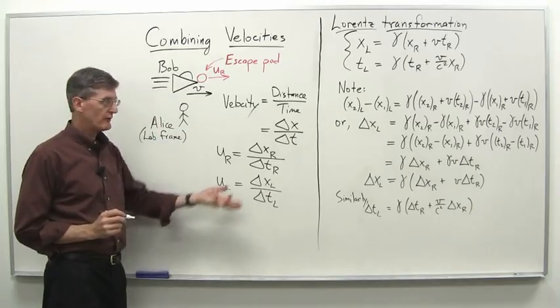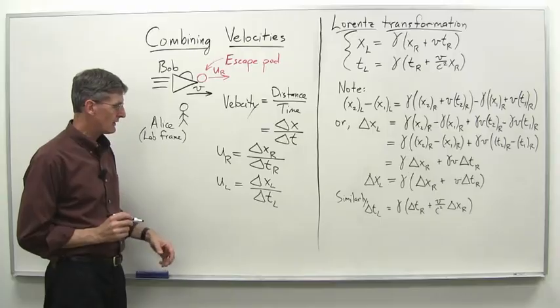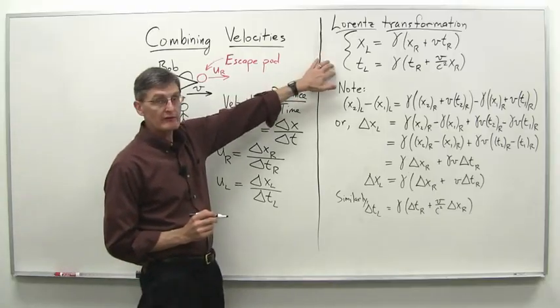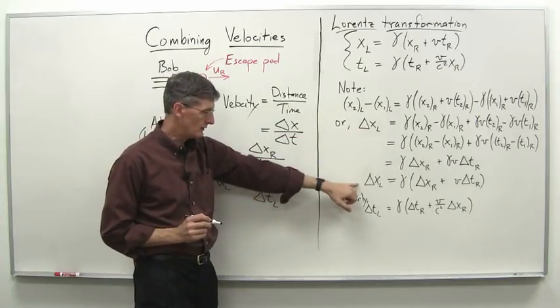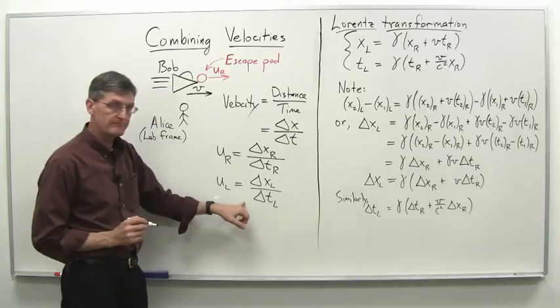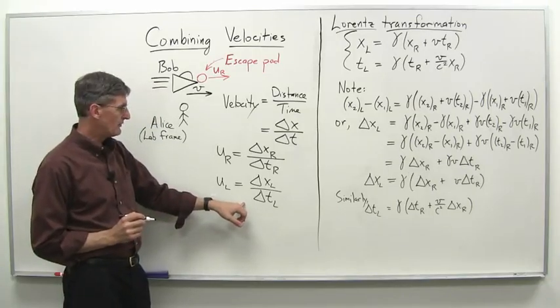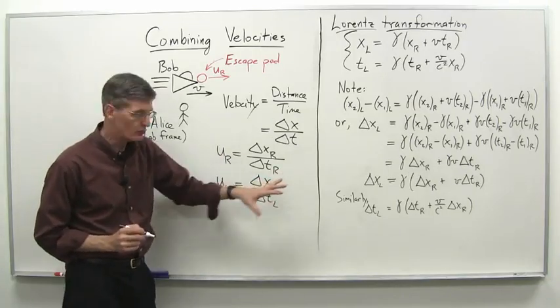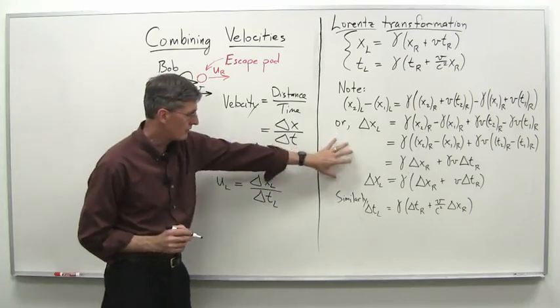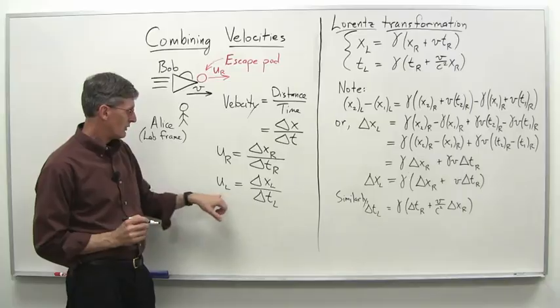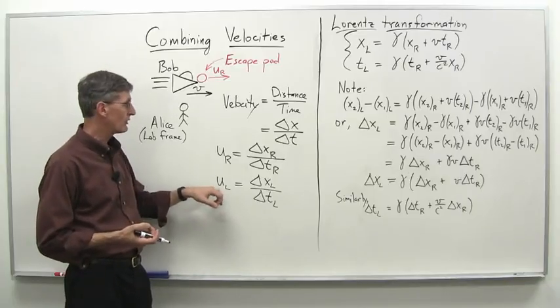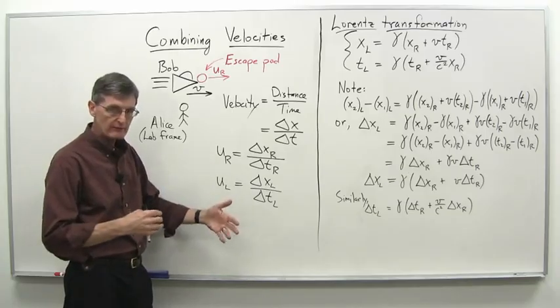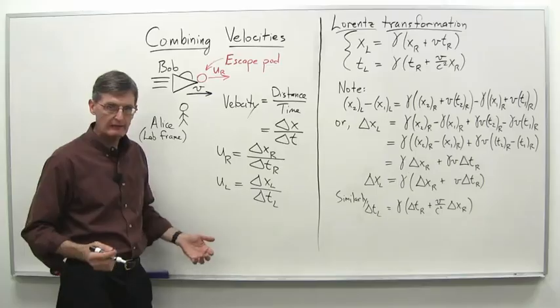And now hopefully you can see why we did this little example, because the Lorentz transformation gives us a delta x sub L here and a delta t sub L. So now we have to raise the board a little bit to give us some room, but take these equations and put them into Alice's equation for the velocity of the escape pod, u sub L, in the lab frame of reference, her frame of reference, and see what we get.